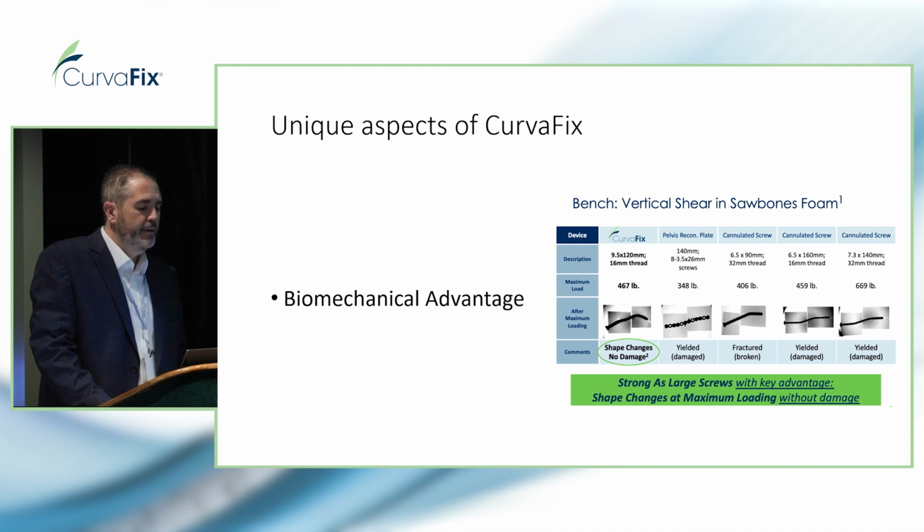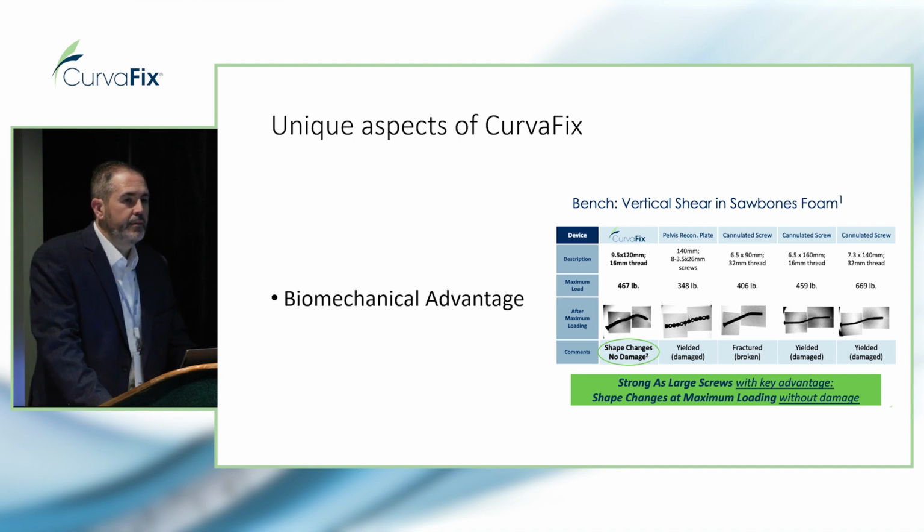And so these are some of the biomechanical results that the company looked at, comparing them to different cannulated screw sizes and the summation. This was in a bone foam sawbone model, which is very consistent from a biomechanical standpoint to look at general implant properties. It doesn't necessarily matter what medium you use if you're doing the same testing for everything.